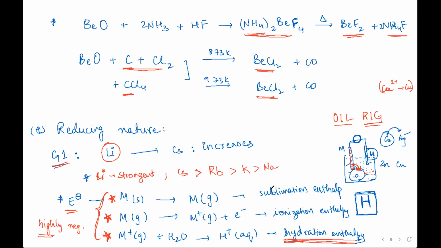Give this reaction, say sublimation enthalpy, this reaction, say ionization enthalpy, and this reaction, say hydration enthalpy. So E naught is the sum of all these 3 enthalpies. So if you have to write it in an answer: E naught depends on the sum of all these 3 enthalpies.